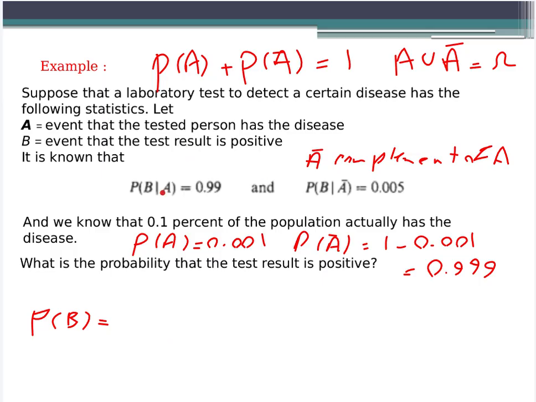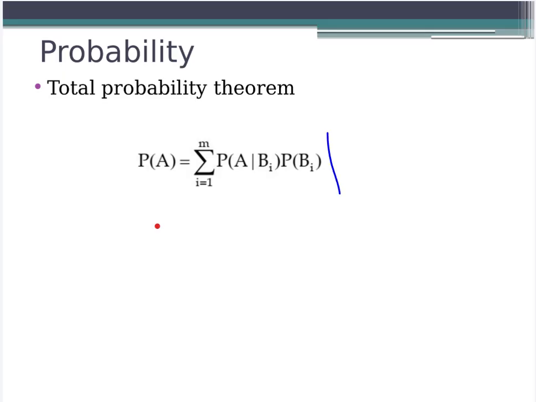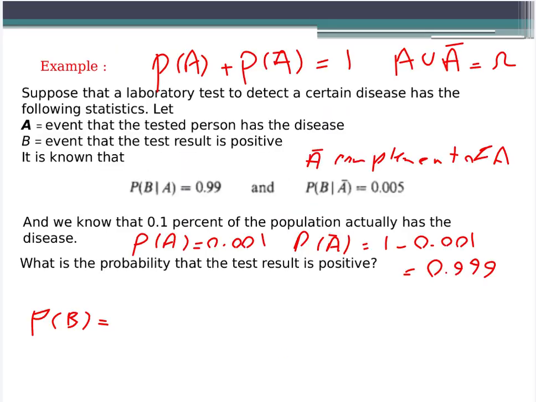When we have the conditional probability and we want the probability of, for example, event B without any condition, we should think of the total probability theorem. Okay, we use the total probability theorem, so the probability of B using this formula is like this.